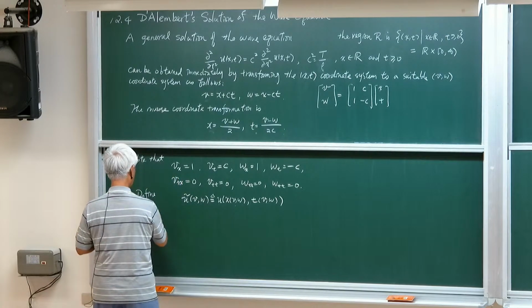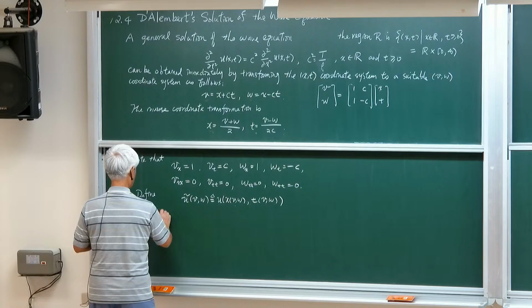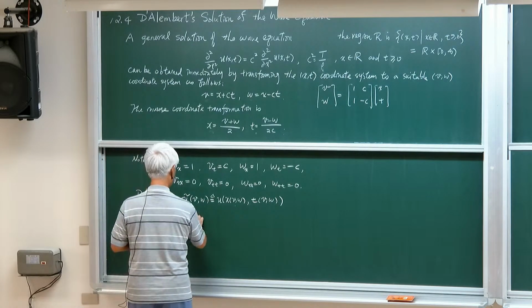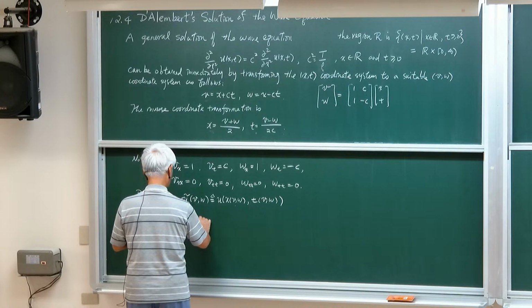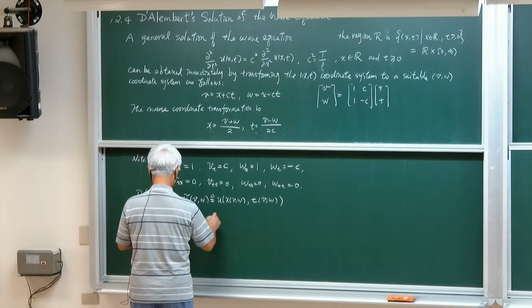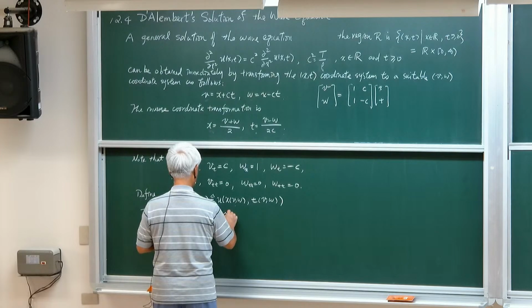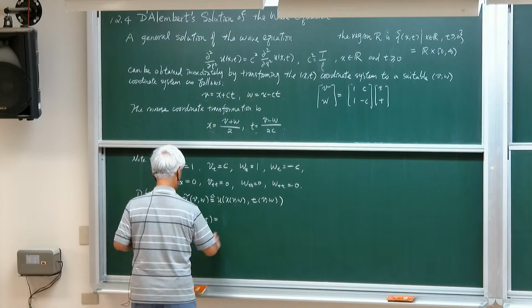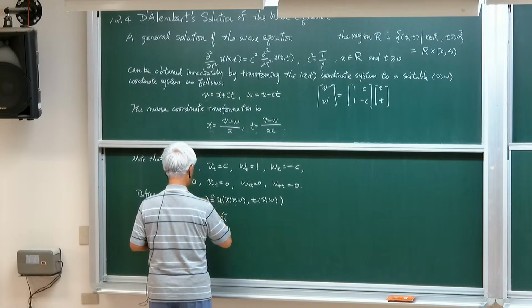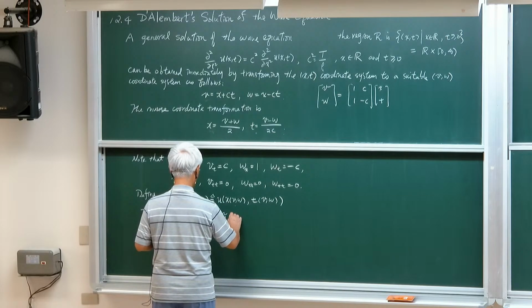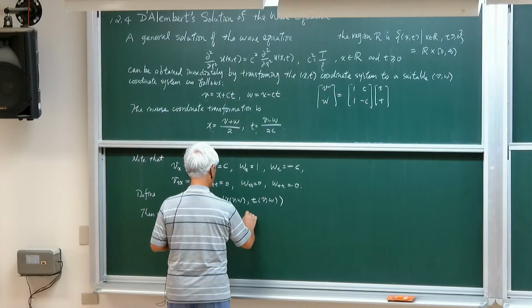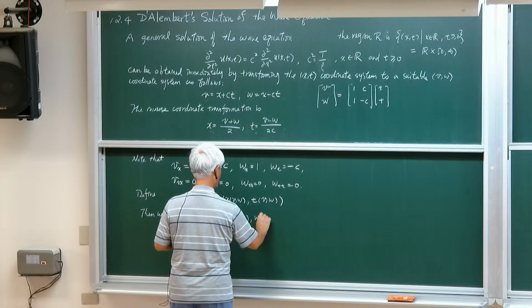And then to obtain u from u tilde, we have v and w as functions of x and t.